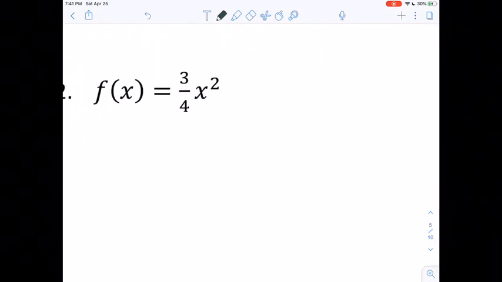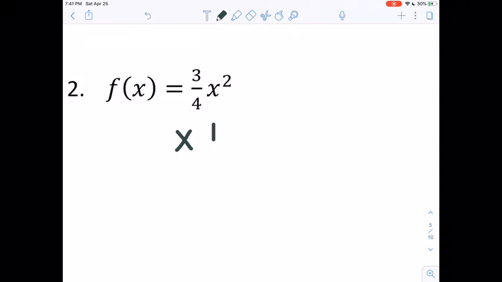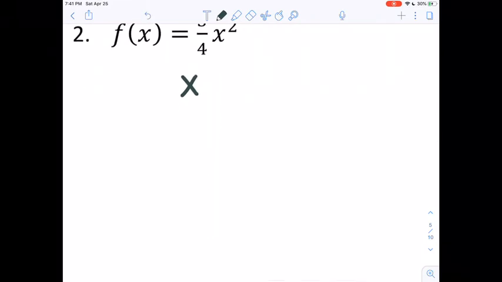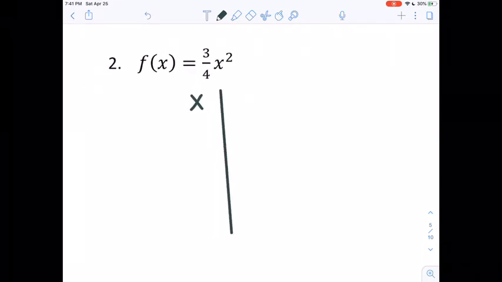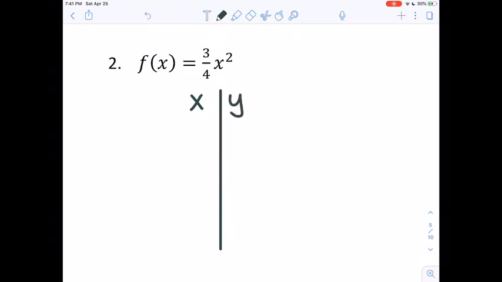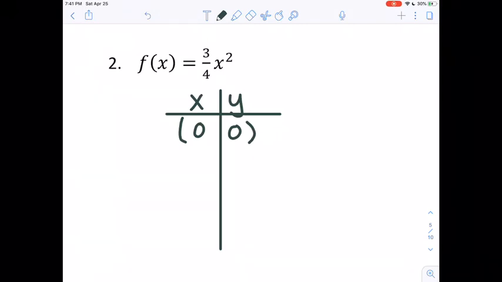Same thing with number 2. Nothing's being added to the x squared. So I know that my vertex is going to be 0, 0. And I'm just going to pick values. I'm going to try to pick values that are going to make the denominator go away.